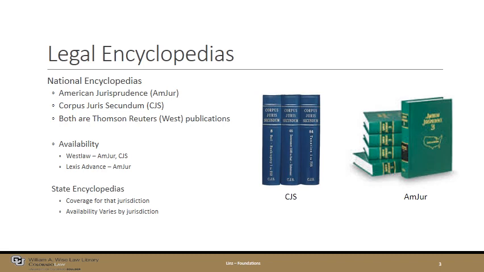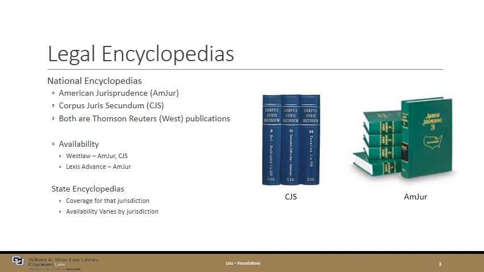There is a specialty subset of encyclopedias that are legal encyclopedias. The two national encyclopedias are American Jurisprudence, which you'll see abbreviated as AMJUR, and Corpus Juris Secundum, which you'll see abbreviated as CJS. They are both in their second editions, and these are what we'll be using for this kind of research.